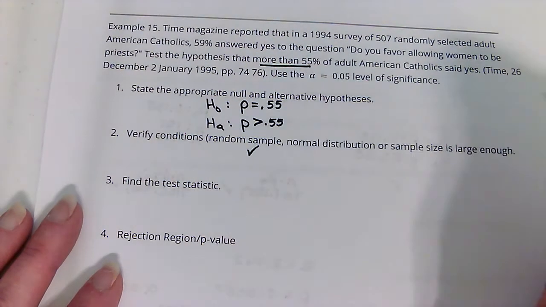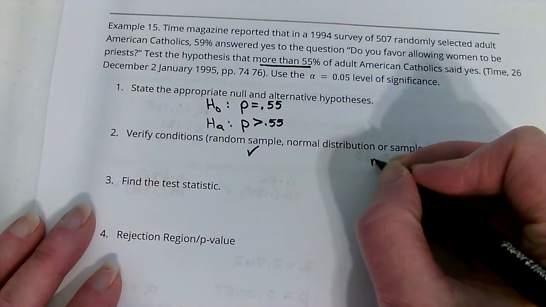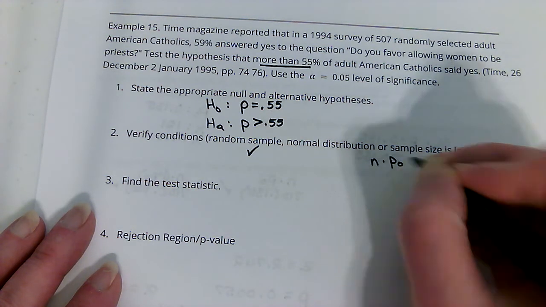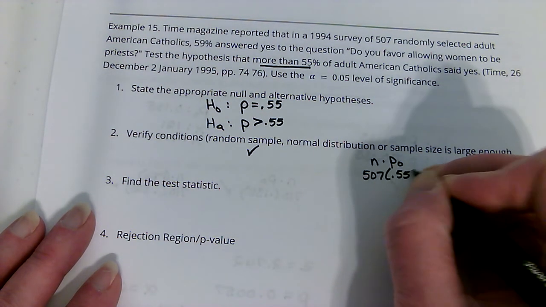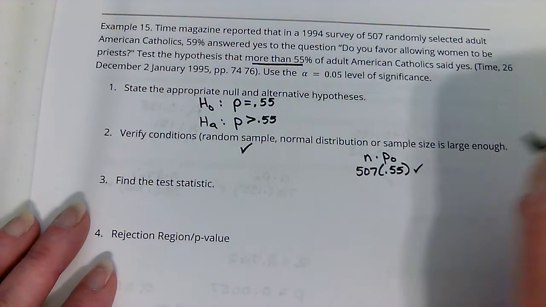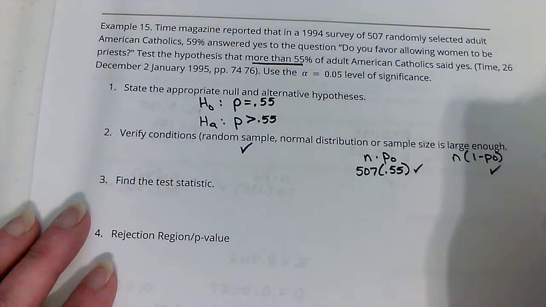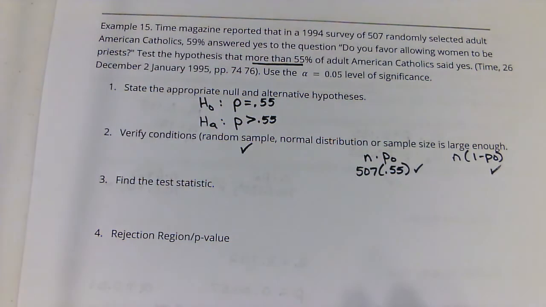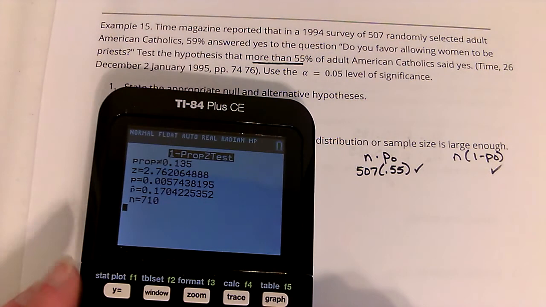Was it random? Yes. We need to check sample size, n times p naught, so 507 times 0.55, I know that's going to be bigger than 10. N times 1 minus p naught, I know that's going to be bigger than 10. Now, there's going to be a tricky point here.